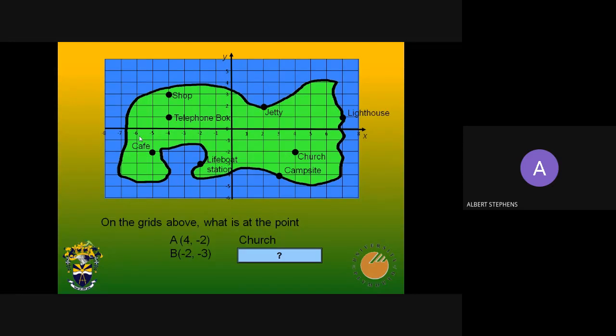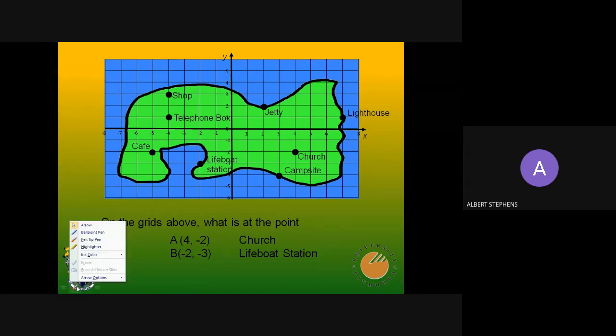Anyways, what is at B? Lifeboat station. All right. Cool. Is everybody following? Let me try to explain. Just in case, the first number is the X value.